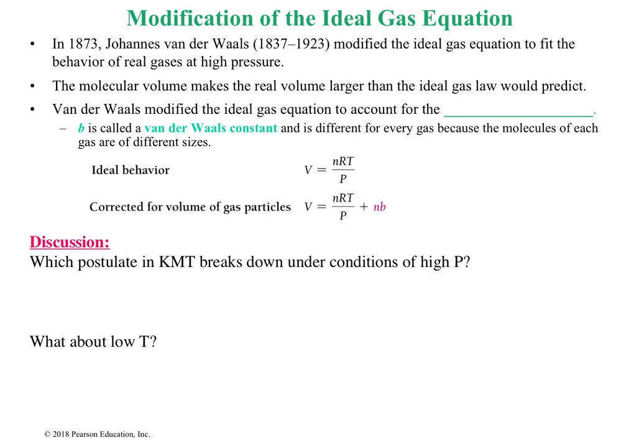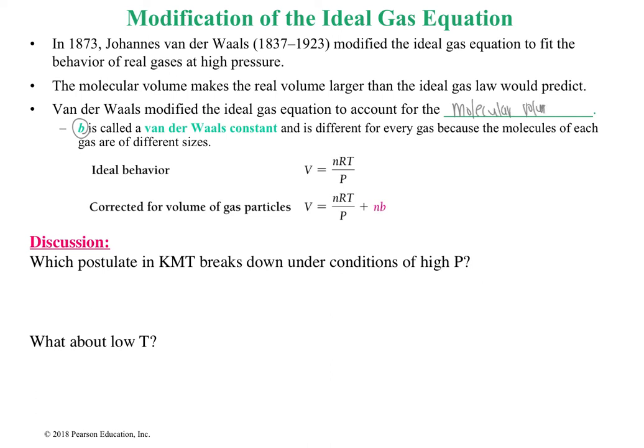Johannes van der Waals modified the gas equation to help consider what happens to gases at high pressures. Since the molecular volume actually starts to matter, we need to add a component to take that into account. So we are going to include a B coefficient to take into account the molecular volume.